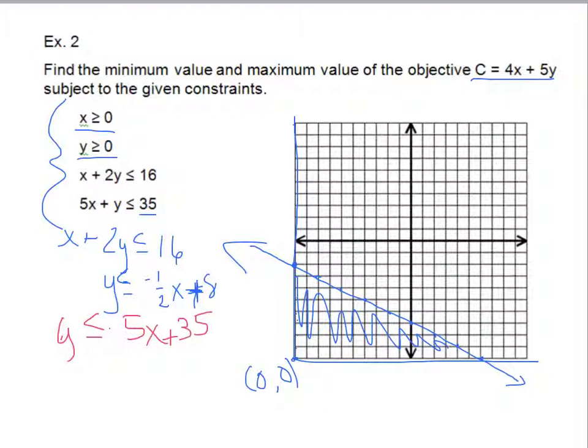Maybe I can find the x-intercept instead and then use my -5 slope to find another point. My x-intercept would be, if I plug in 0 for y, cover that up, my x-intercept is the point (7, 0).